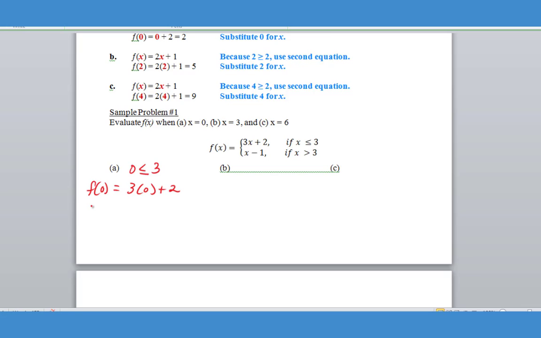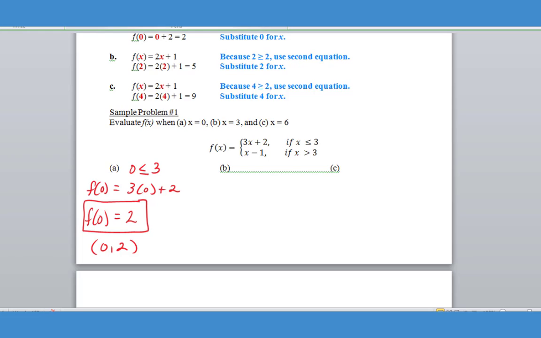Very important that you put f of 0 and not f of x. f of x represents the whole thing. f of 0 only represents this little piece. And then, of course, f of 0 equals 2 itself. And so that would be your final answer. We are not solving for f here. You could also write this as an ordered pair if you like. So 0 in this case was the x, and our output value was 2, so that's also an appropriate way to form your answer.